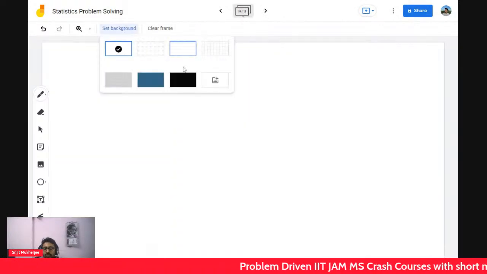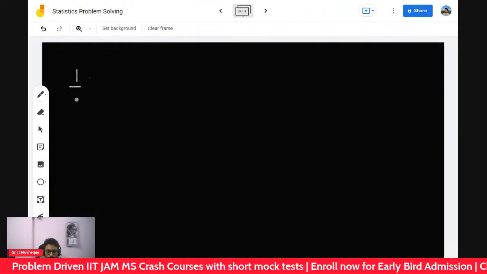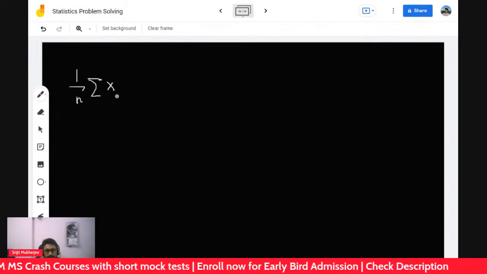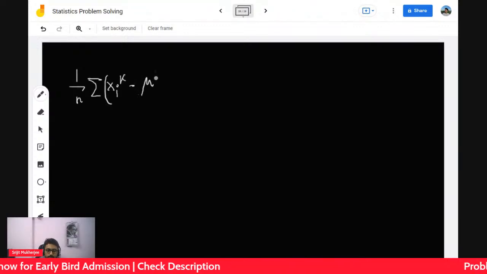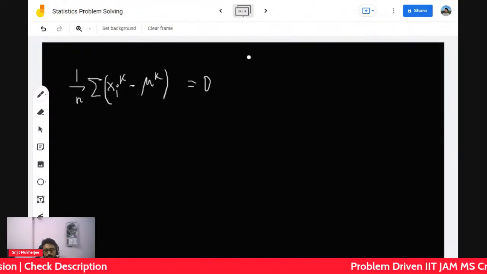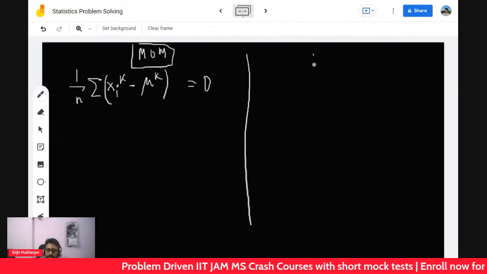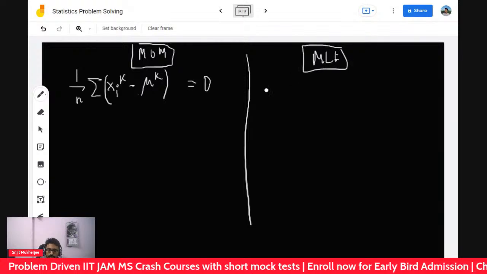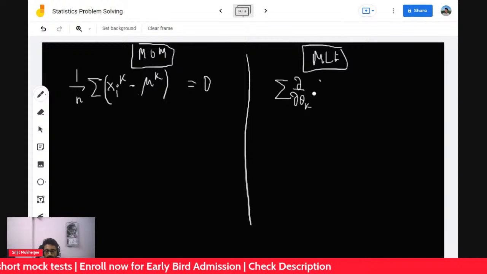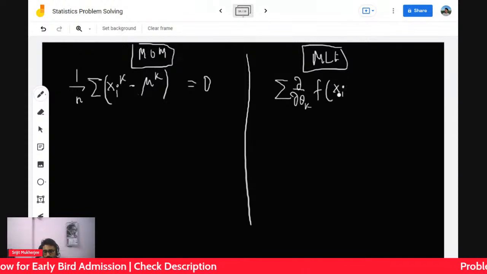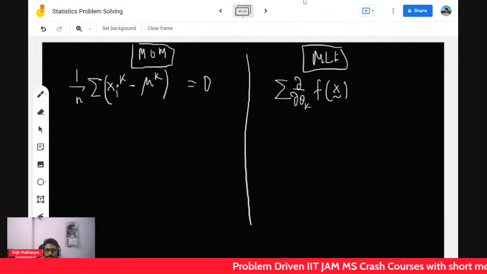If we just observe the k equations, here it is nothing but 1 by n summation of xi to the power k minus mu k is equal to 0. In case of MOM, it is this. In case of MLE, it is the summation of del del theta k of log f of xi given theta.